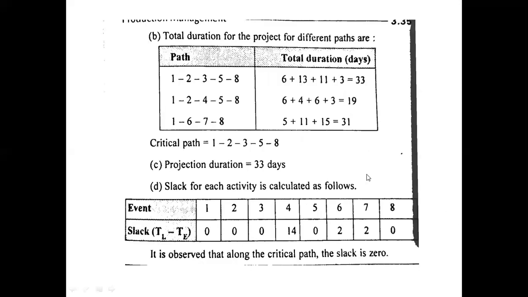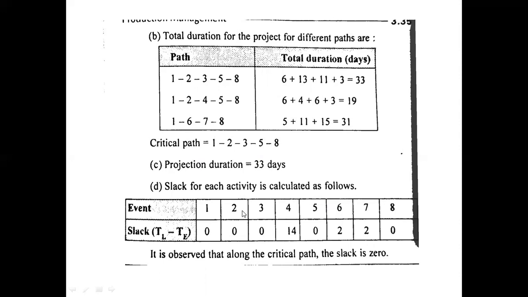Then you have to make a table of different paths and also the total duration. Then you have to identify the critical path. How to identify the critical path? First you have to calculate the slack for each and every activity, and you have to connect all those events which are going to show zero. That is 1, 2, 3, 5, and 8.